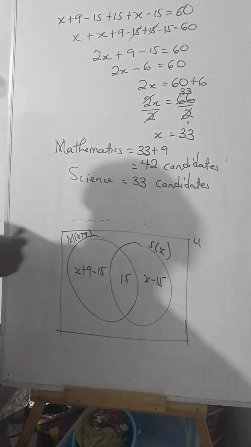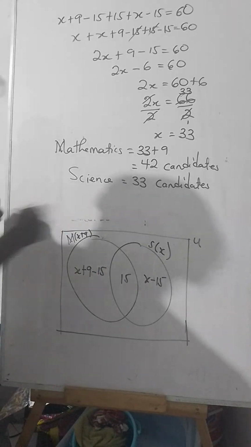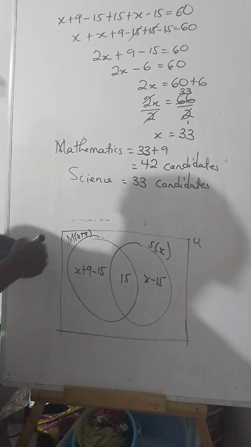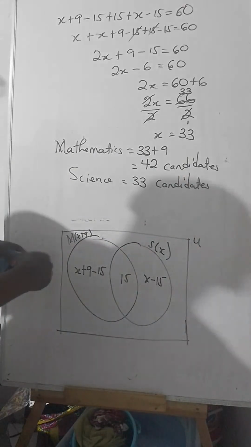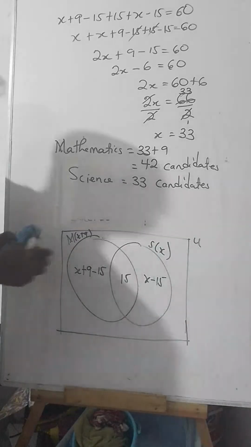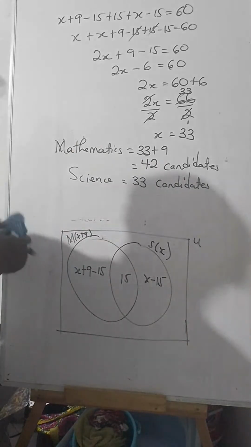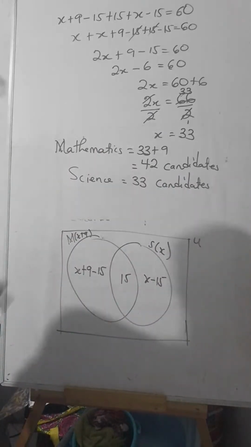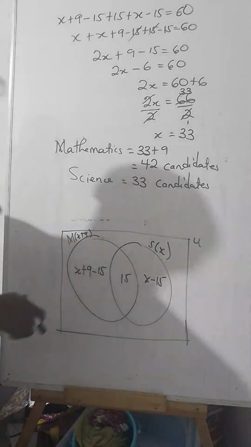So we have 42 candidates who pass maths and 33 who pass science. So the next question is to find the probability that a candidate passed exactly one subject.